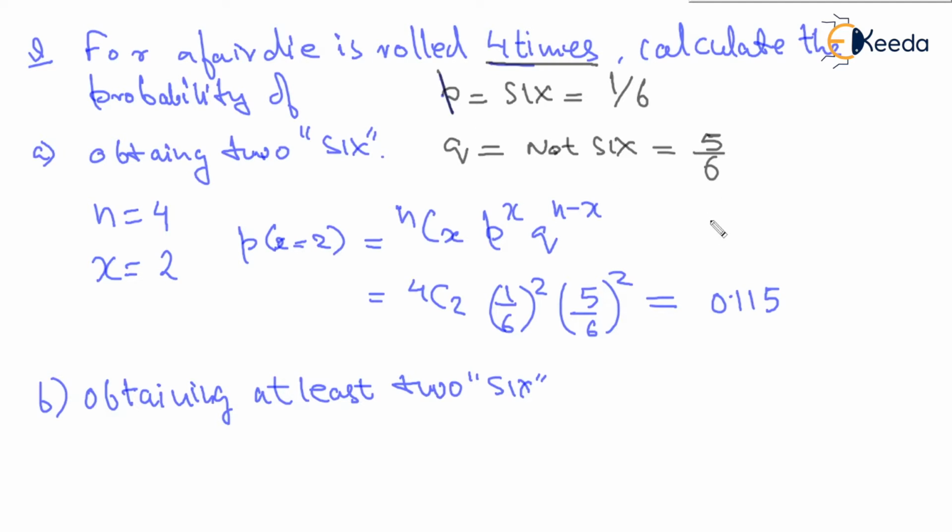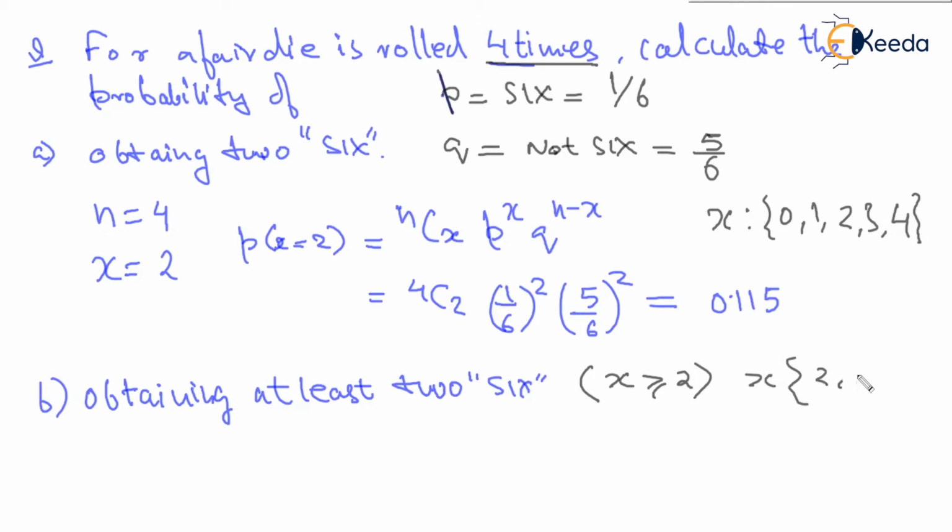So the possible values x can take is 0, 1, 2, 3 and 4. At least 2 sixes means x has to be greater than or equal to 2, which means x can be 2, 3 and 4.